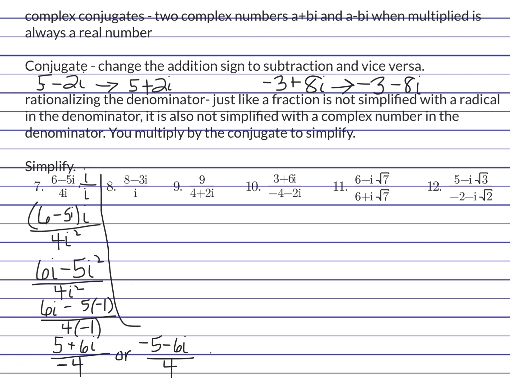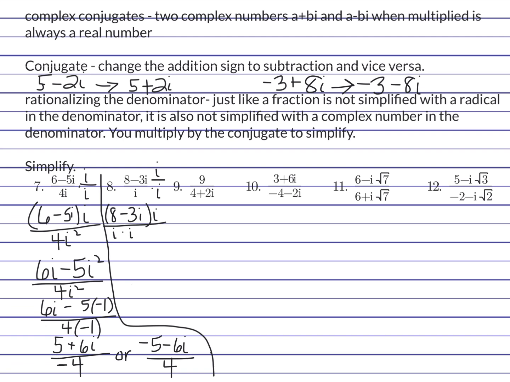Okay, number 8. Number 8, I'm going to multiply by i again. And that problem looks like this. 8 minus 3i times i over i times i.